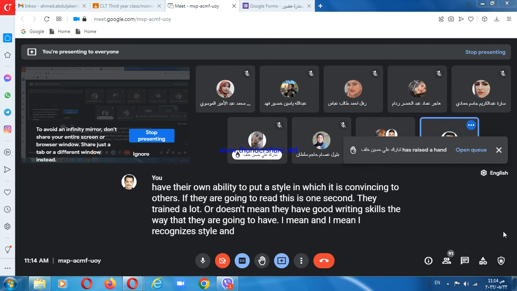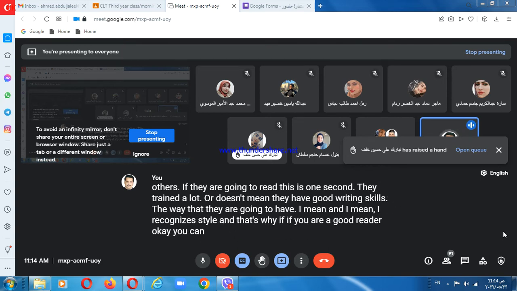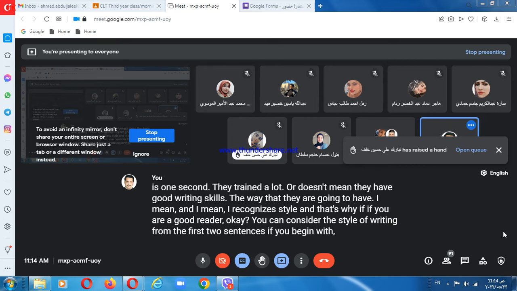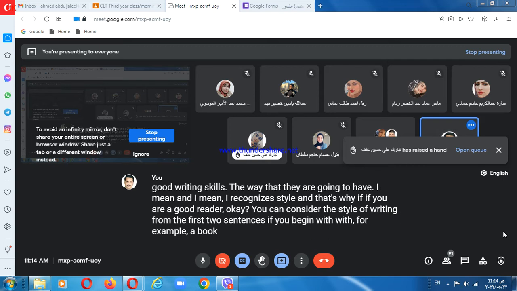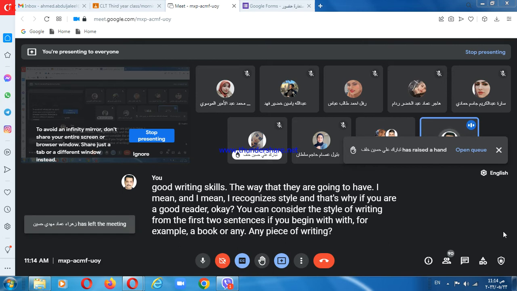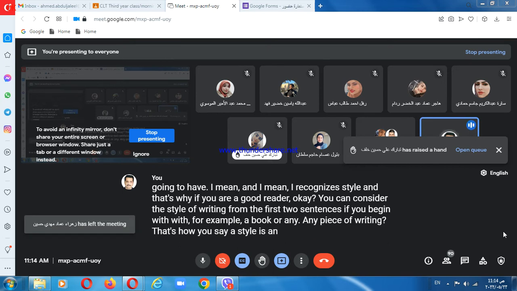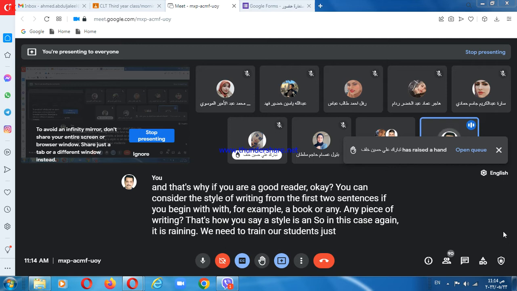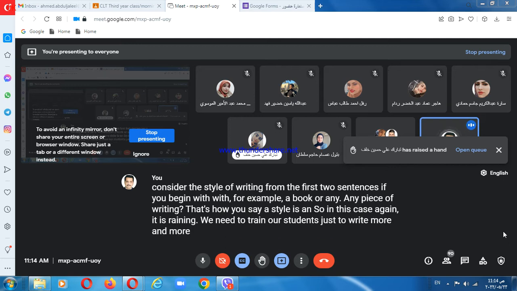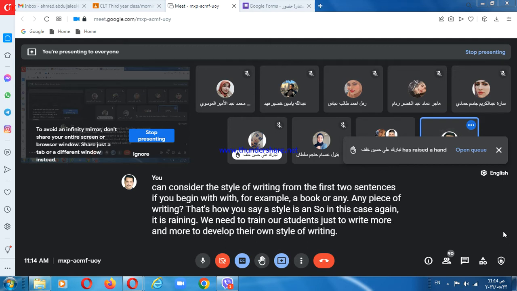If you are a good reader, you can recognize the style of writing from the first two sentences of a book or any piece of writing, and that's why we say style is a man. So again, it needs training. We need to train our students to write more and more, to develop their own style of writing. This is the way.